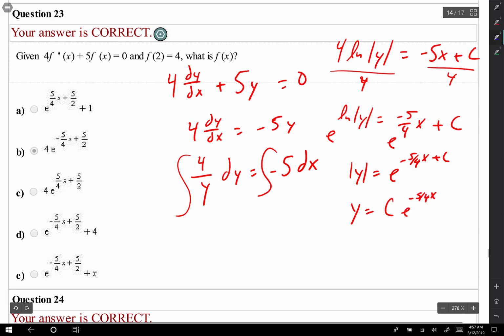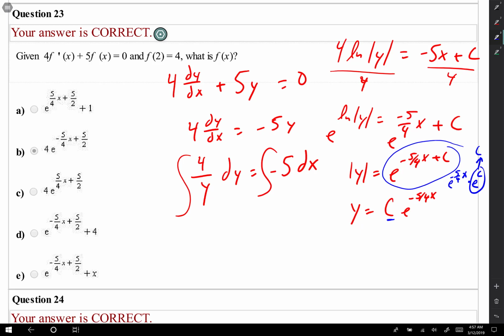Now, the reason I was able to do that is because right here, that is e to the negative 5 fourths x times e to the c. Now, e to the c is just some constant. So here's my constant, and I took out the absolute values because my condition is going to determine whether y is positive or y is negative.